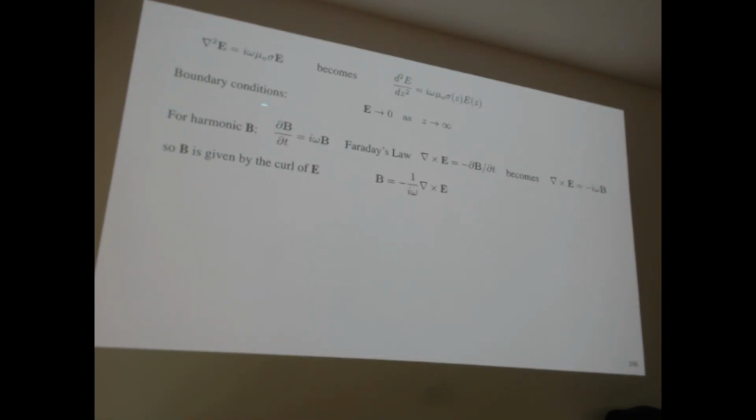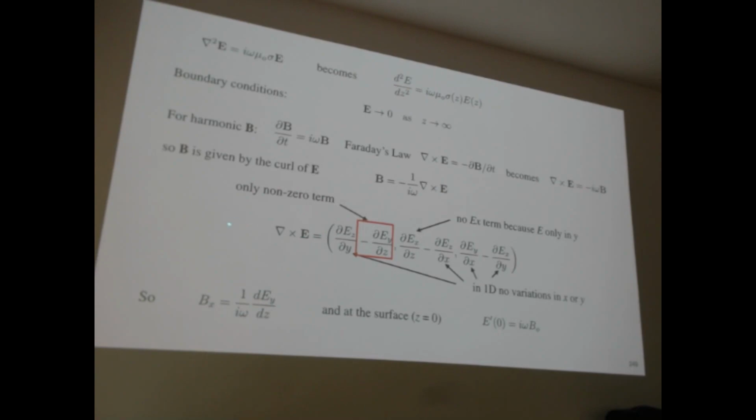So for a single frequency, dB/dt is just iω B, and so Faraday's law just becomes the curl of E is equal to iω B. So the magnetic field is just given by the curl of E. And if you look at what the curl term looks like, we're back to this trick where there's only one non-zero term in the curl of E, because we're only looking at E_y, so the E_x terms go to 0, and there's no variations in x or y, so all these terms go to 0.